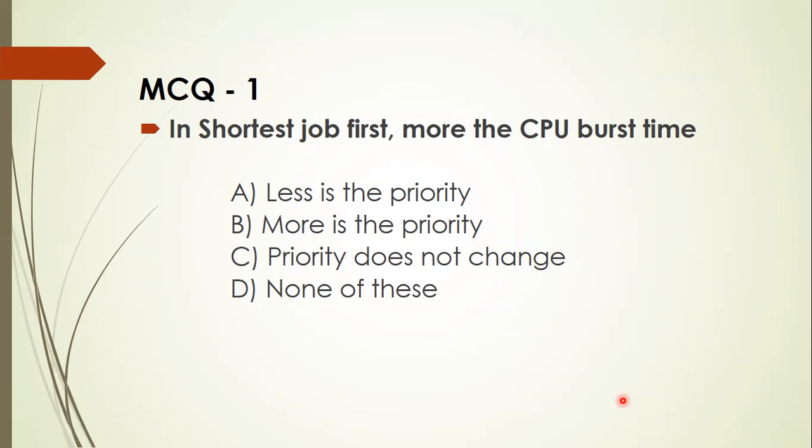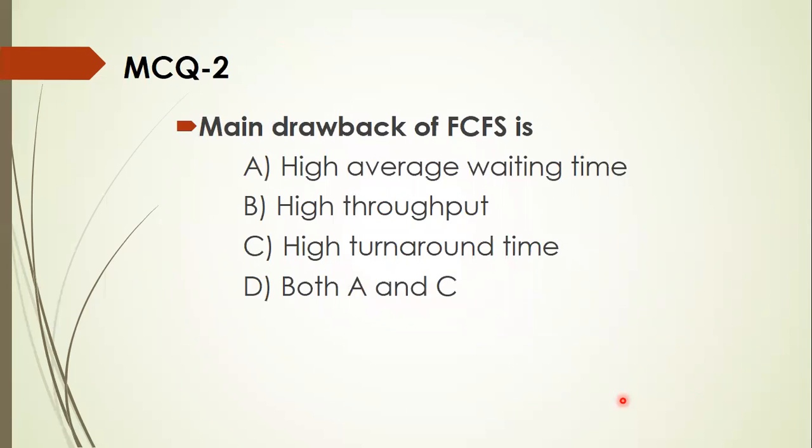So let us take some simple 5 multiple choice questions on today's class. In shortest job first, more the CPU burst time, the priority is less actually. So the options are less priority, more priority, priority does not change, none of these. The correct answer is A. Main drawback of FCFS: high average waiting time, high throughput, high turnaround time, both A and C. Throughput will not be high in case of FCFS.